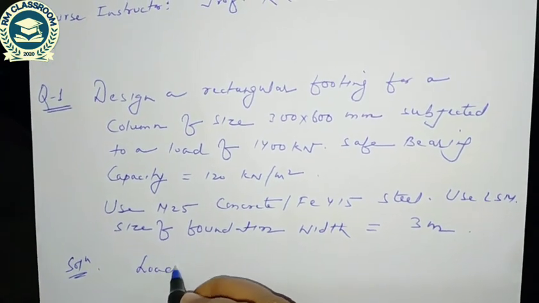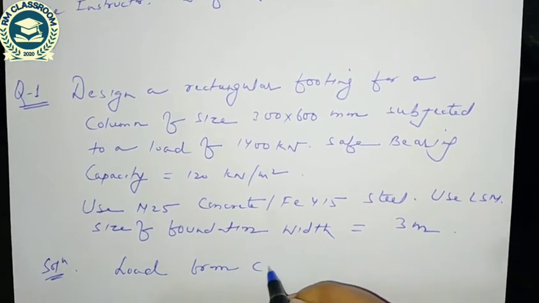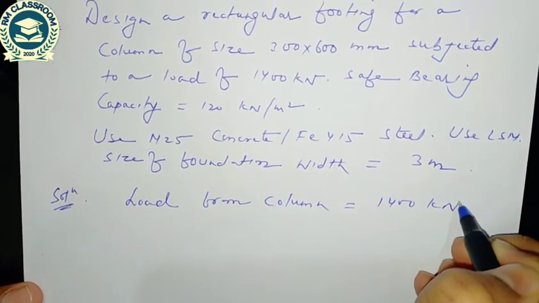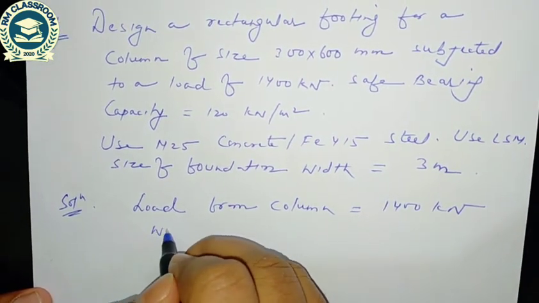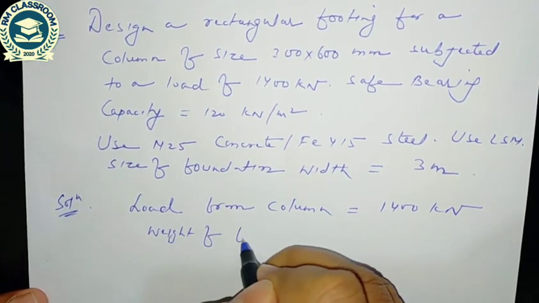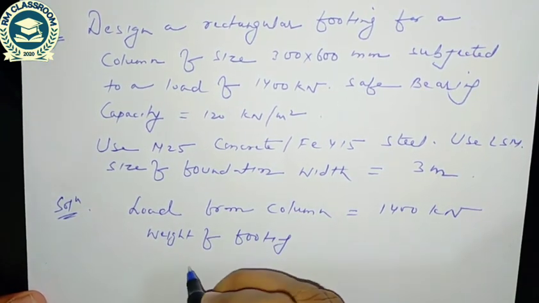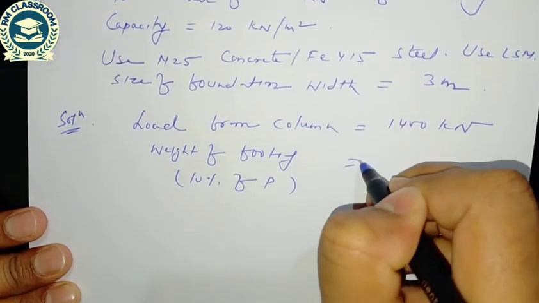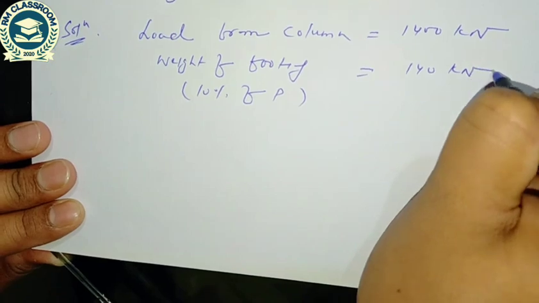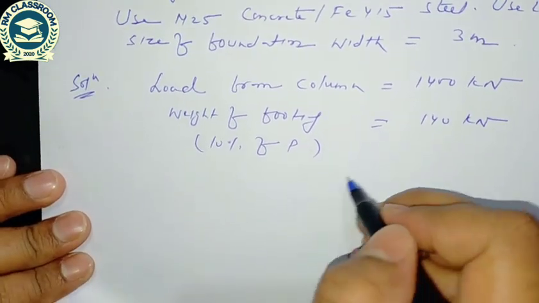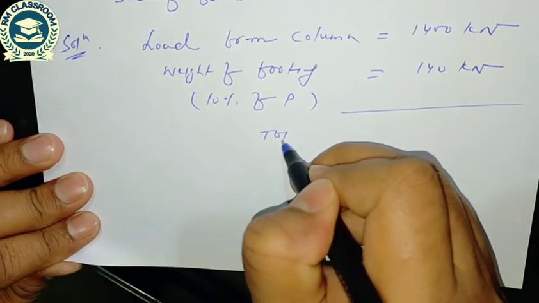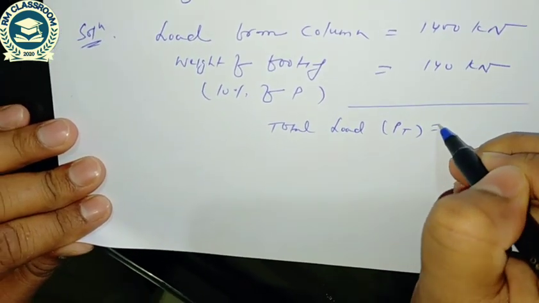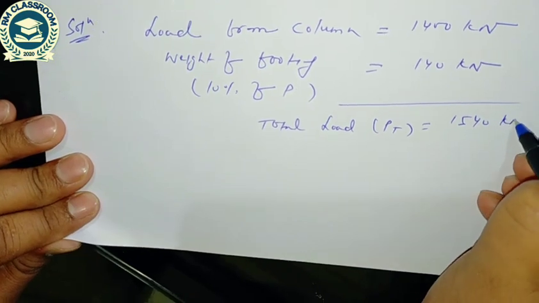So load from column is coming 1400 kilonewton, and weight of footing, that will be 10% of P, is equal to 140 kilonewton. So the total load is equal to 1540 kilonewton.